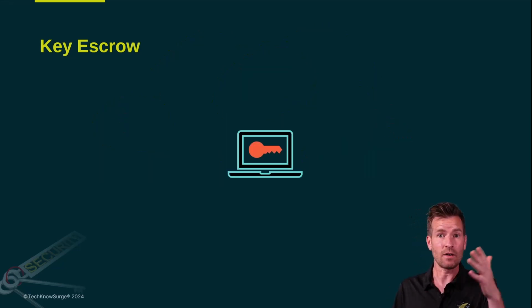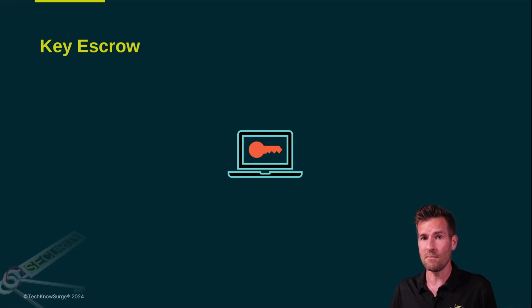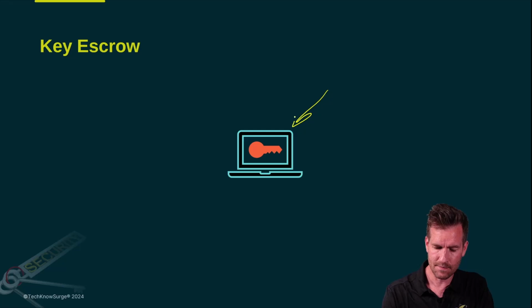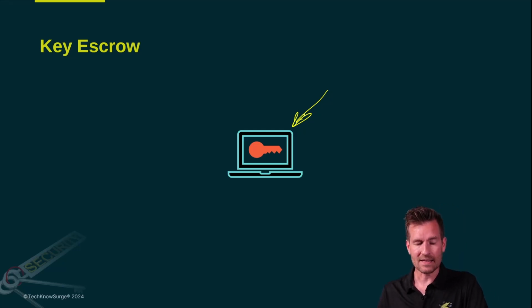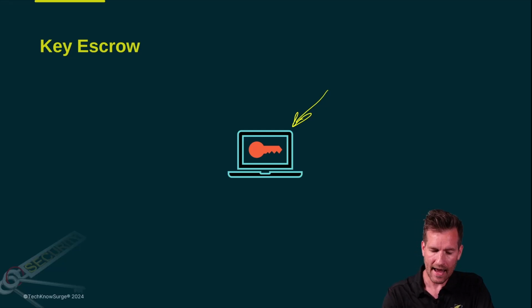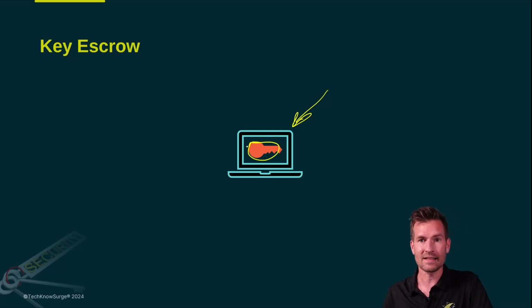Now let's jump out of the legal term and talk about technology solutions that also may use the term key escrow. A good example of this is BitLocker. We have a Windows machine that has BitLocker on it and it stores the key on the machine itself.